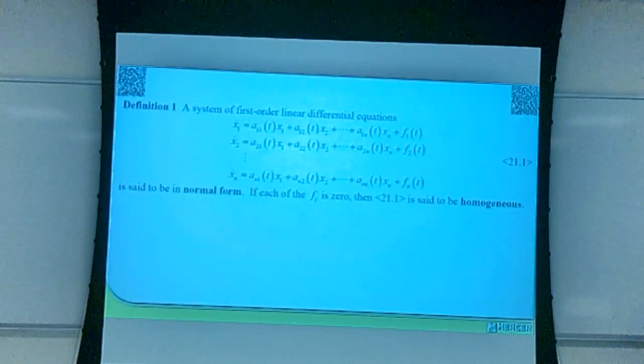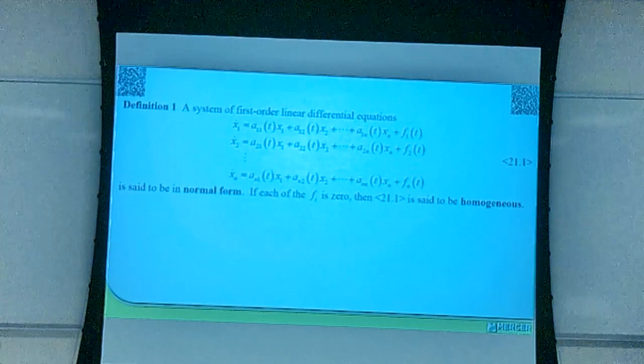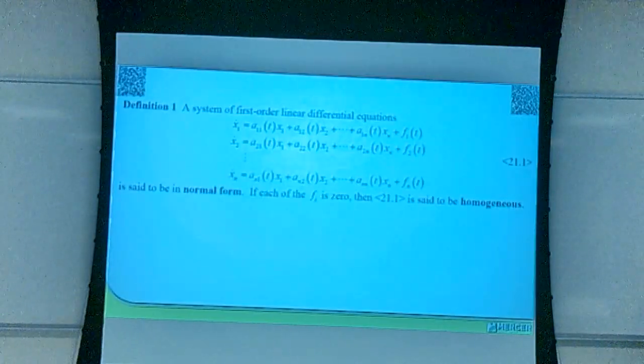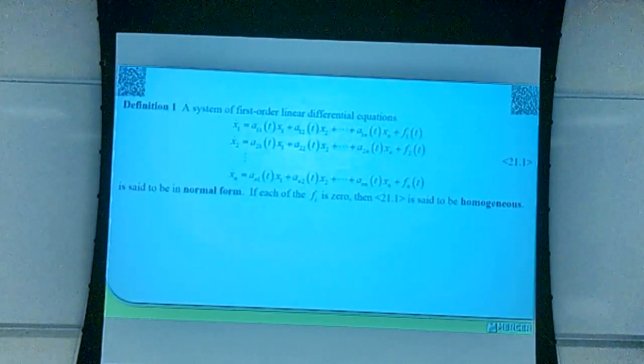There's only one method that we study, and that's called variation of parameters, but for systems. And it is a bloody nightmare without a calculator, because it involves inverse matrices and products of matrices and then integrating a matrix. It's awful. Just finding the inverse of a matrix by hand is terrible.